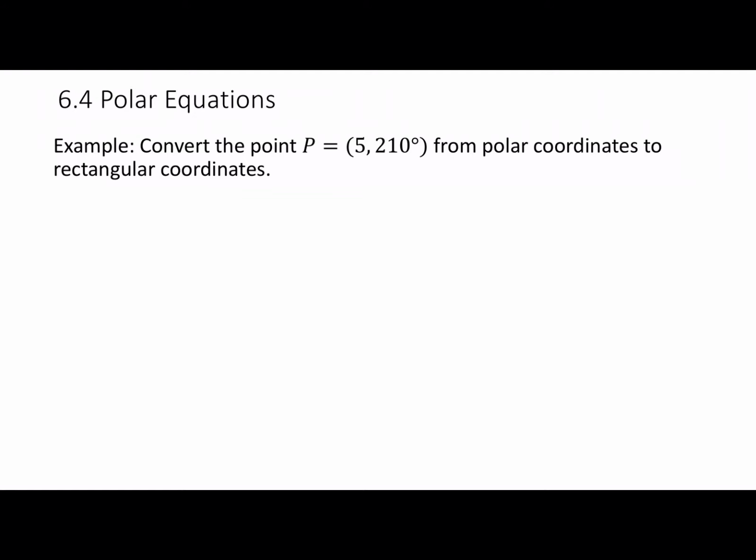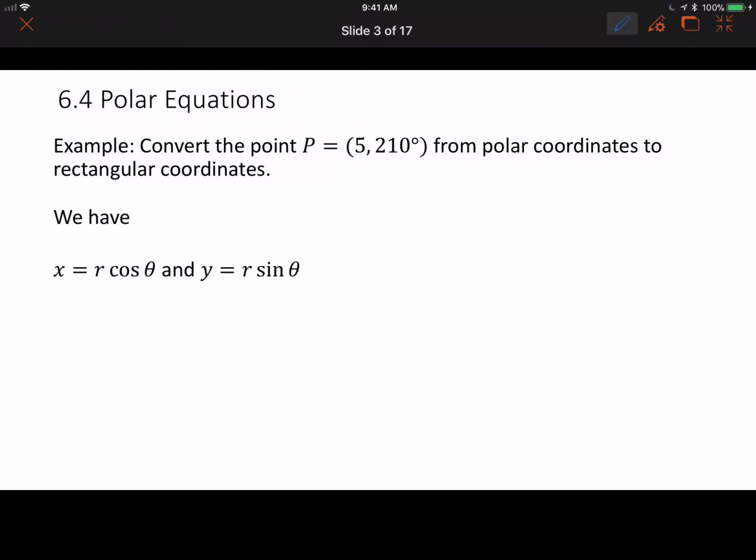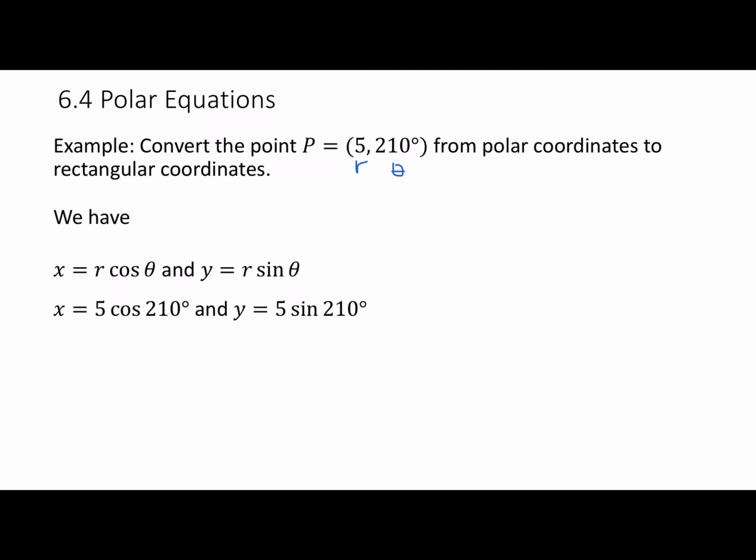Now this is even more straightforward because we have formulas for x and y in terms of r and theta. Remember, x was r cosine theta, and y is r sine theta. So we're just going to plug in our values for r and theta. Here's r, and here's theta. So I get x is 5 cosine of 210 degrees, and y is 5 sine of 210 degrees.